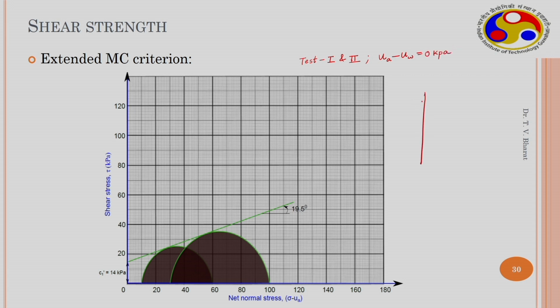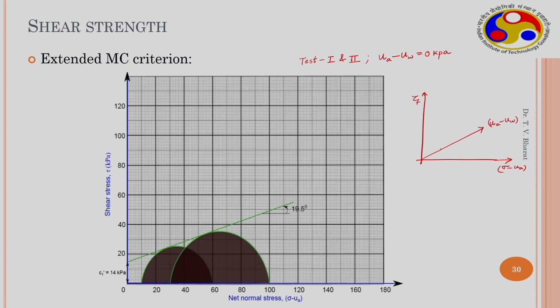The 3-dimensional failure surface can be approximated, with tau f, sigma minus UA, and the other axis UA minus UW, which is a 3-dimensional thing we used to plot earlier.